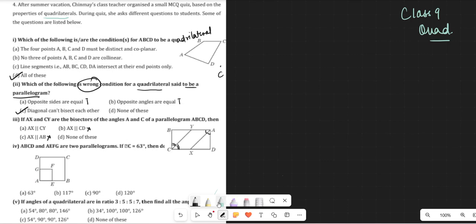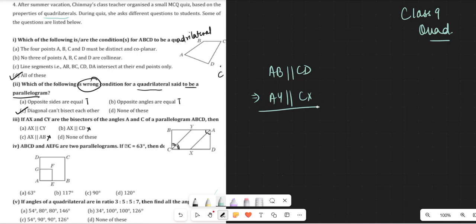Because we know that when we've taken the bisectors of angles, half of angles are equal. So we just need to prove that they are bisectors of angles like this, and that we know AB is parallel to CD. And we also know that AY is parallel to CX.